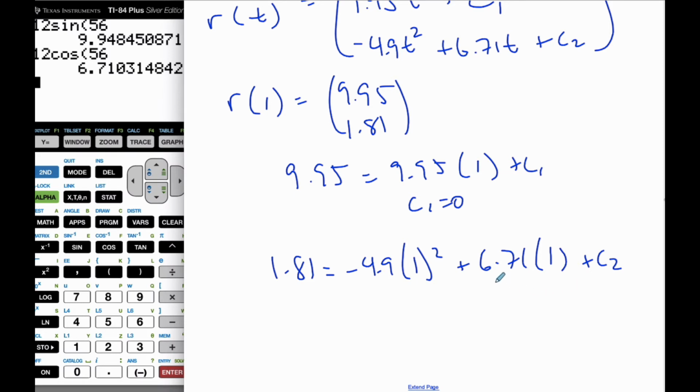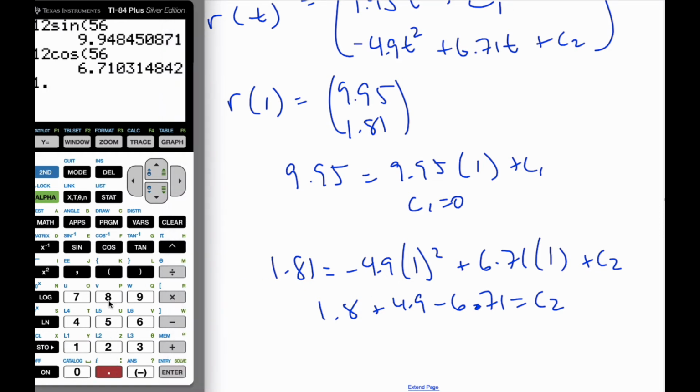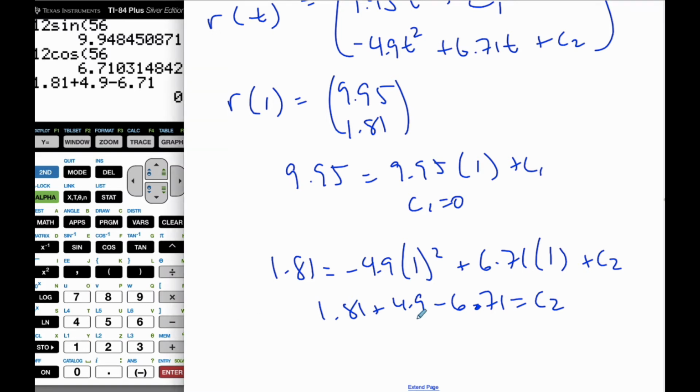And when I do that as well, I get 1.81 plus 4.9 minus 6.71 is equal to C2. That is also equal to 0.